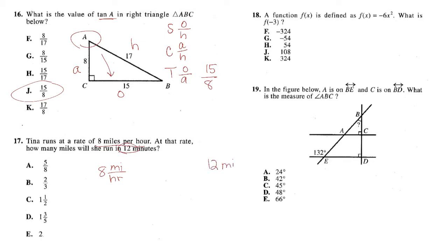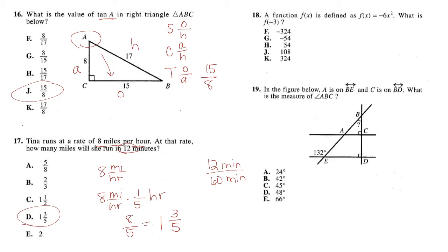I know there's 60 minutes in an hour. So we've got 1/5 of an hour here. So I have 8 miles per hour, and that's going to be times 1/5 of an hour. So that's going to give us 8 over 5, which is going to be 1 3/5. So that's answer choice D.